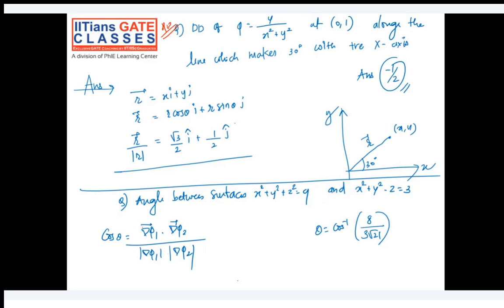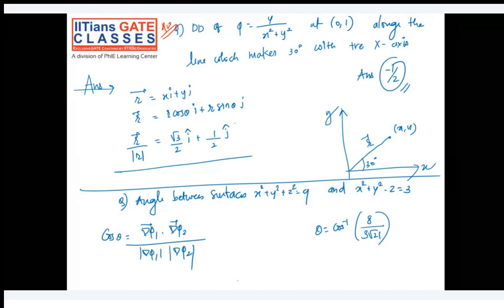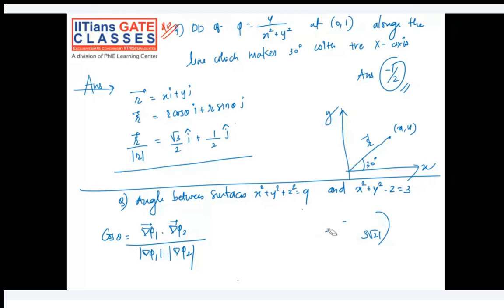Del phi 1 bar is like 2xi plus 2yj plus 2zk.